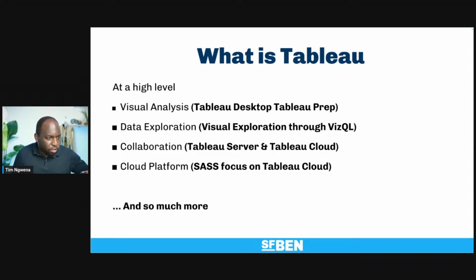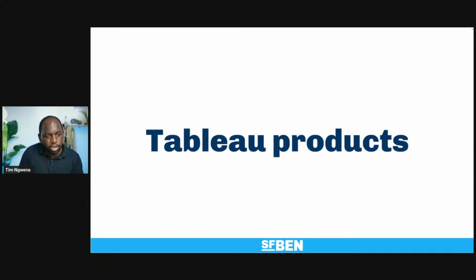But as you start to see some of the capabilities today, you should just understand that AI will run through all of those. The products won't change. There won't be an AI specific product, but there'll be AI capabilities throughout the entire suite. So let's dive into a little bit more about the Tableau products themselves before we then go through and do a demo of how it all works.